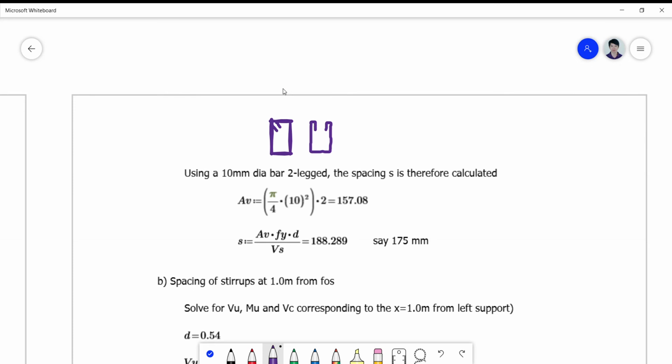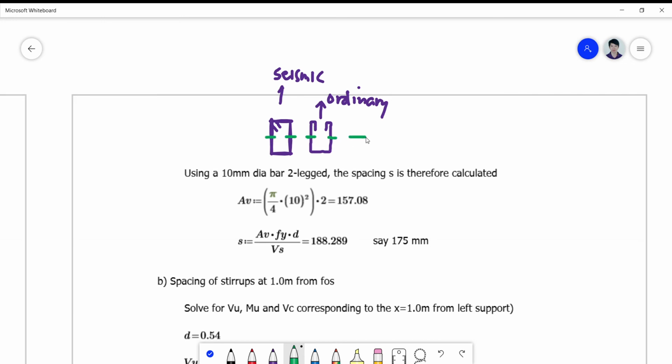Okay, so this is for a seismic design requirement, and this is for ordinary requirement. But still, the legs are computed on the basis of the vertical legs.